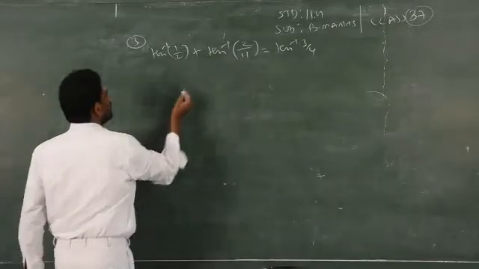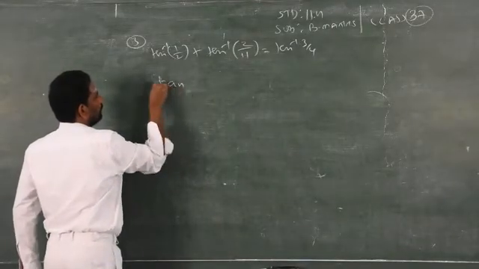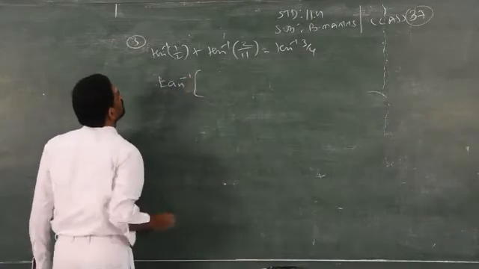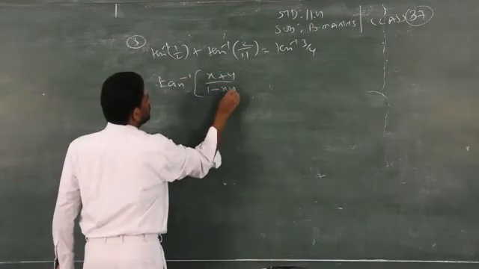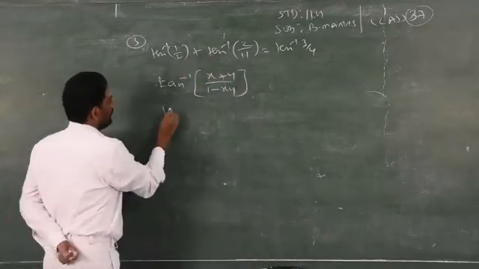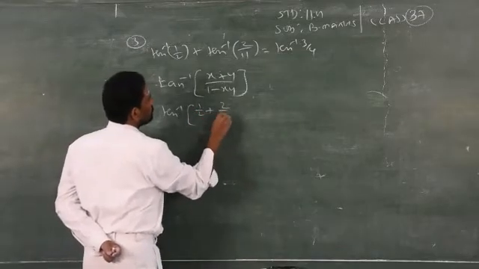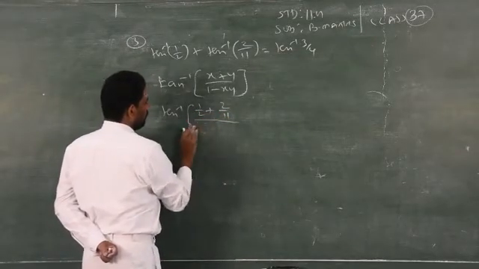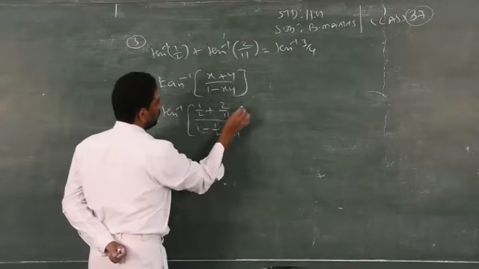So this is the tan A plus B formula, that is, the property tan inverse of x plus y by 1 minus xy. Just now I said, if it is plus, you have to introduce plus. So tan inverse of, x is 1 by 2, y is 2 by 11, over 1 minus 1 by 2 into 2 by 11.